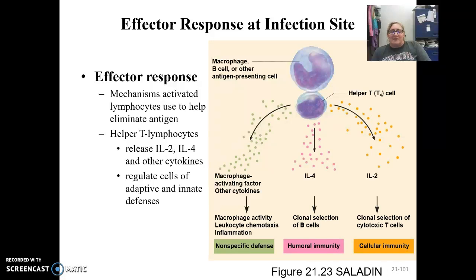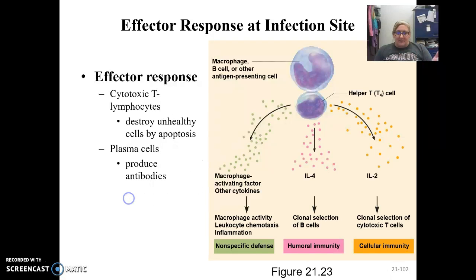They release chemicals that stimulate the complement system to occur. So helper T's really cause the majority of effects that are produced by your immune system, which is why any type of disorder that affects your helper T's is going to wipe out your immune system.